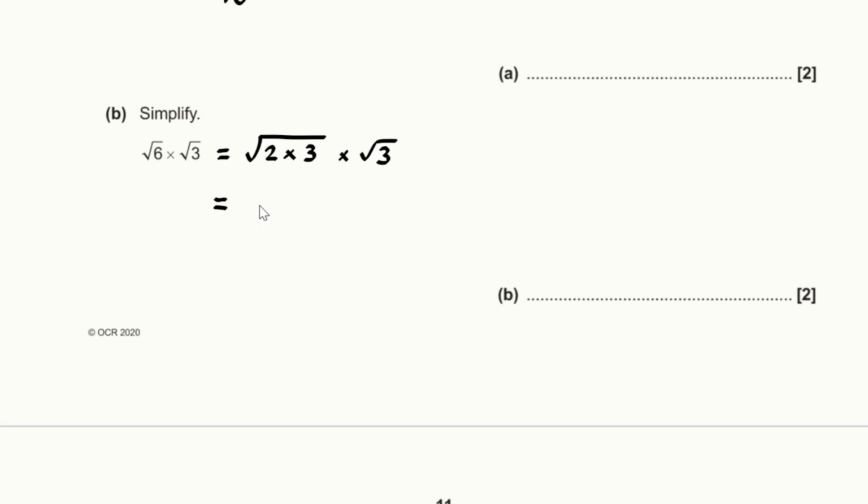So using the laws of surds, this is the same as root 2 times root 3 times root 3. So I've got root 2 times by 3, which is 3 root 2. So I have 3 root 2.